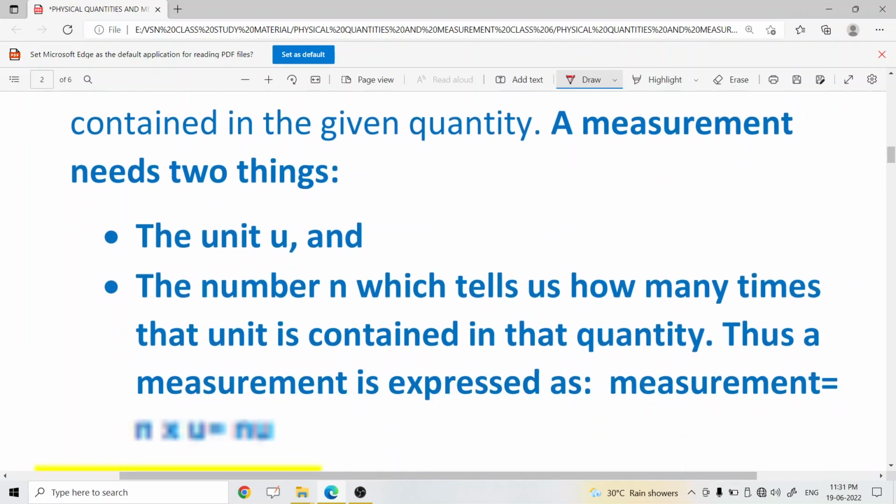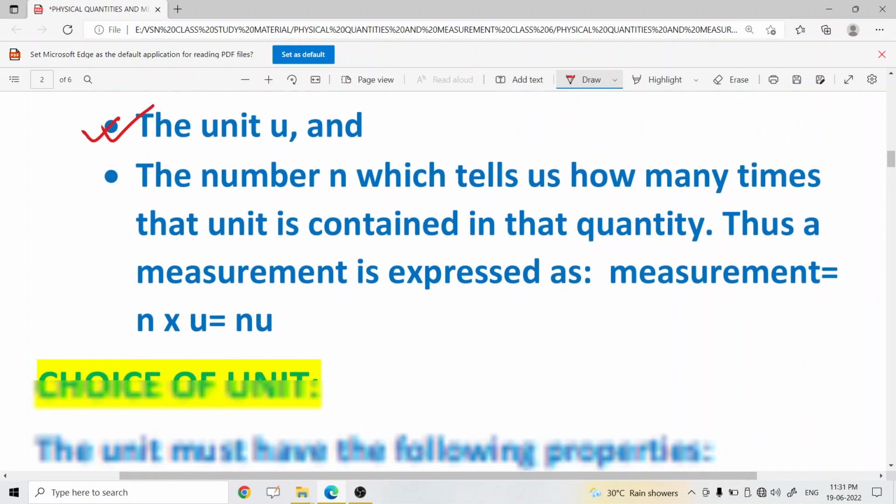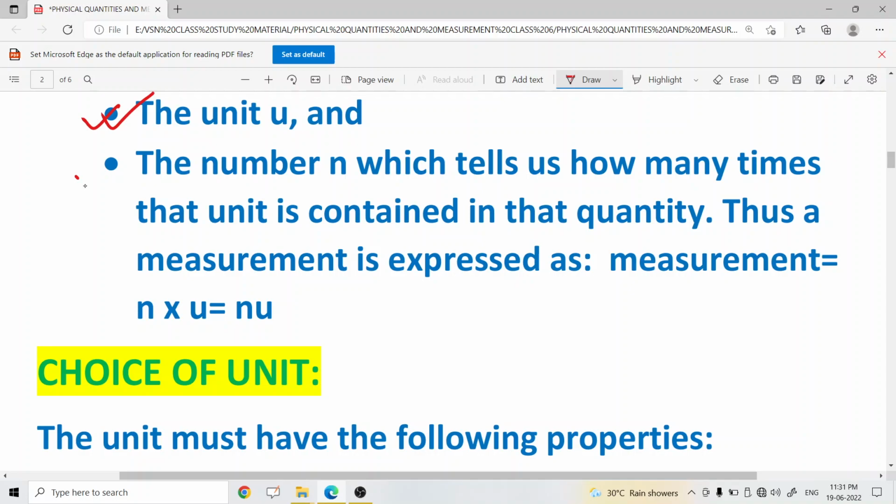To express any quantity, a measurement needs two things. First one is the unit and the second one is the number, which tells us how many times that unit is contained in that quantity.